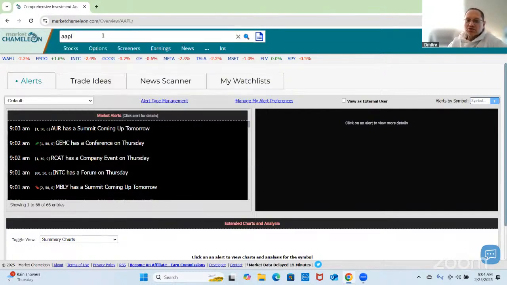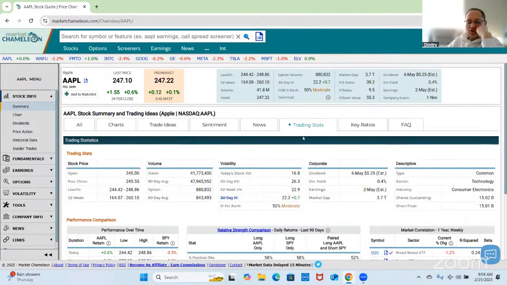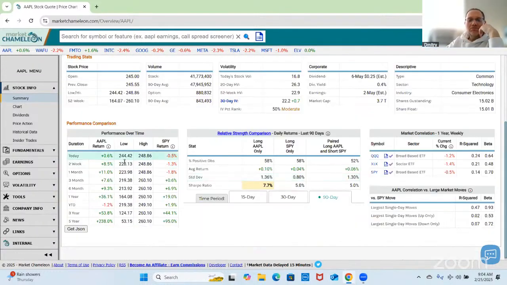I'm going to type in Apple here, and we come to this summary page, and let's hit this trading stats. While I'm on the trading stats, I'm going to come down here, and here is a quick view, a table showing us relative performance.